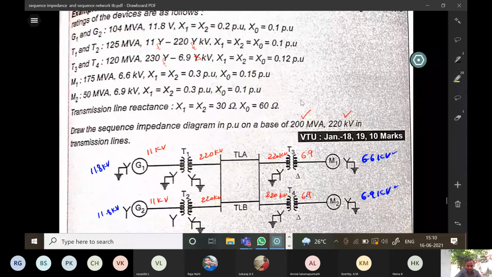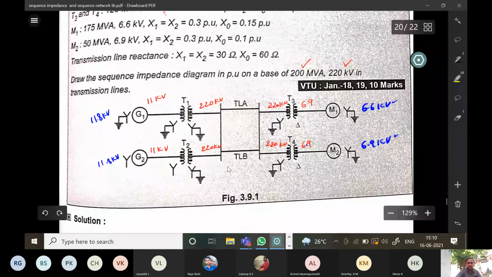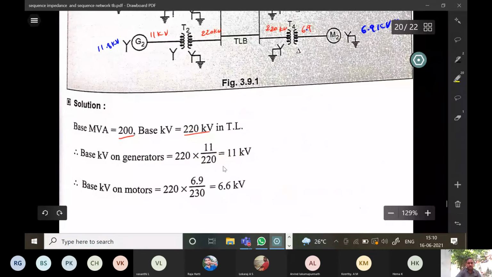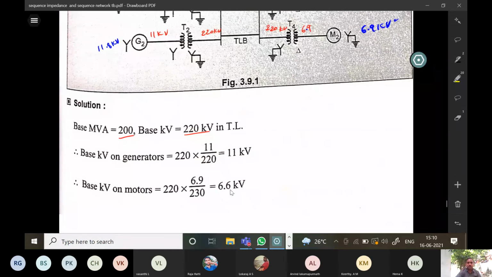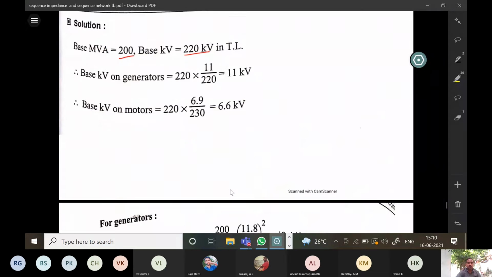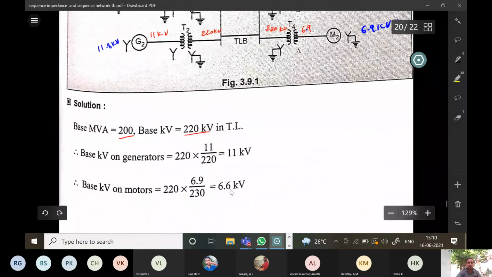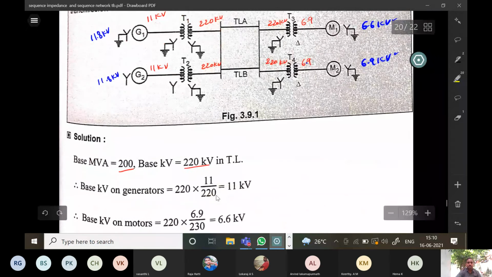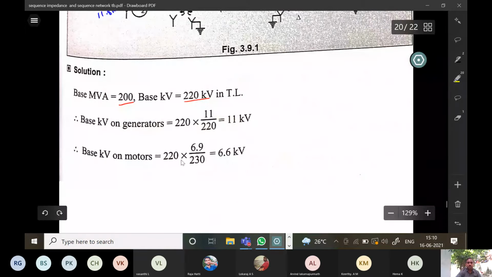So according to this, we need to calculate the base kV for the motor, that is 220 into 6.9 by 230. 230 is there, right?